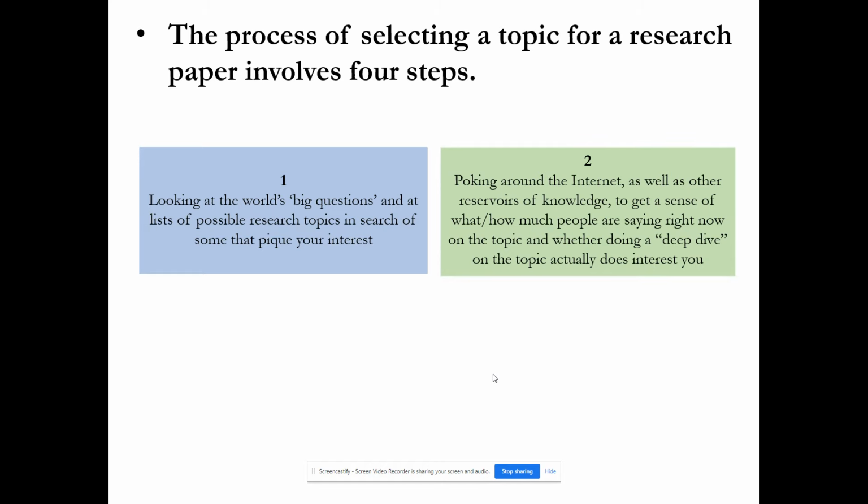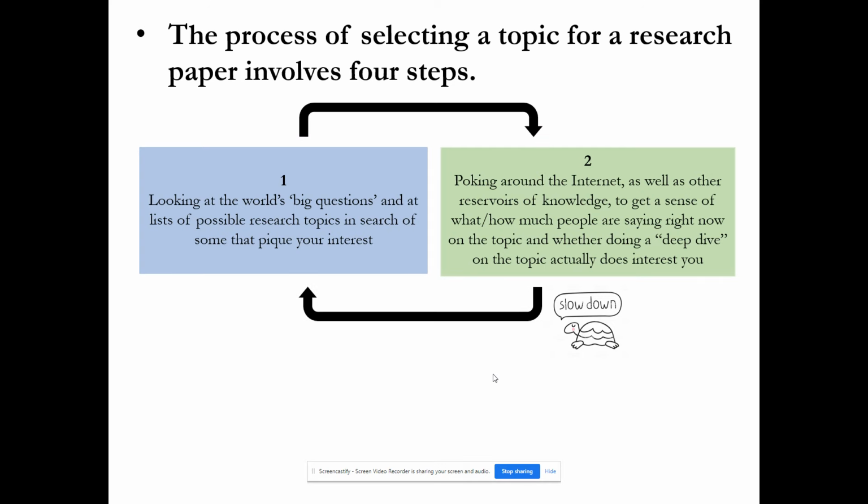Now, as you might imagine, these 2 steps are not really just a 1 followed by 2 and then you're done, right? You need to slow down and go through this process iteratively, right? So first of all, for every question you're looking at, for every potential topic, you should slow down and you should really take a moment to look at sources, right?